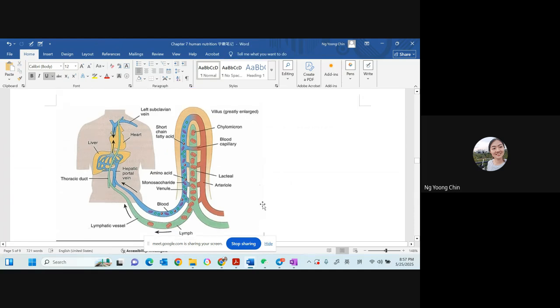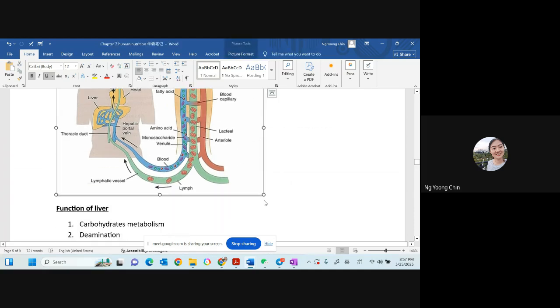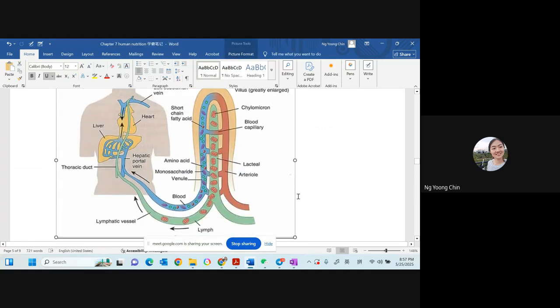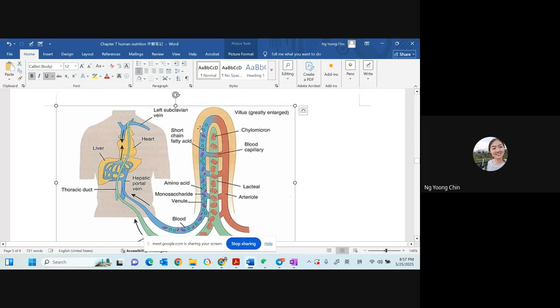Okay, so this is for you to have a look. You can see this picture showing the nutrient transport pathway. From the amino acids and the glucose, they will get into the hepatic portal vein until they reach the liver for assimilation, then become part of the cell.